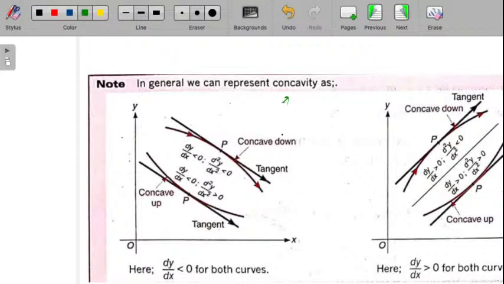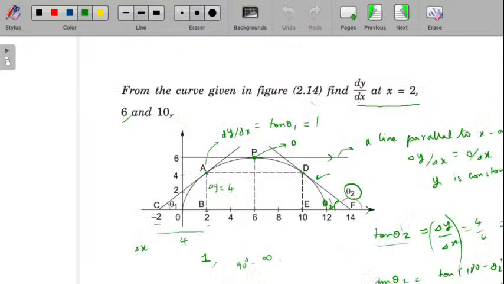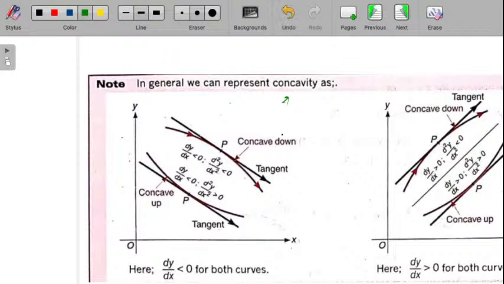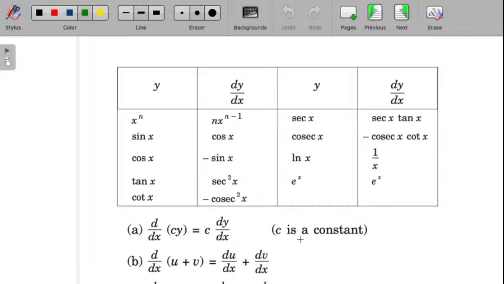In one sense, it's called a concave up graph, and the other is called a concave down graph. We could have a lot of different variations, but this particular concavity is represented by a term called d square y by dx square, which is the curvature. As we know, dy by dx represents the slope. Similarly, there is a certain amount of information contained in this d square y by dx square. We'll look at it more as we encounter the graphical variations.